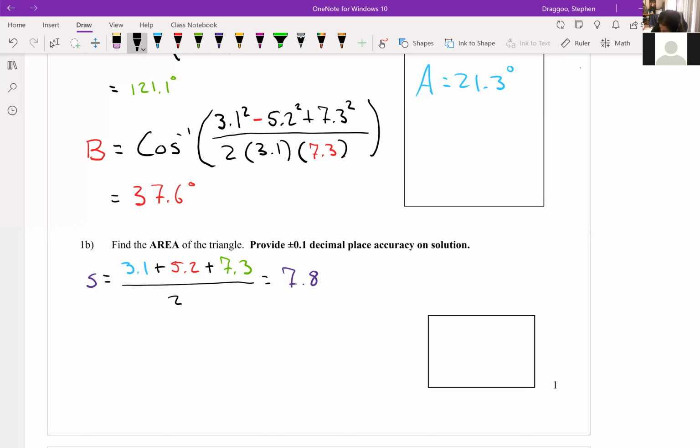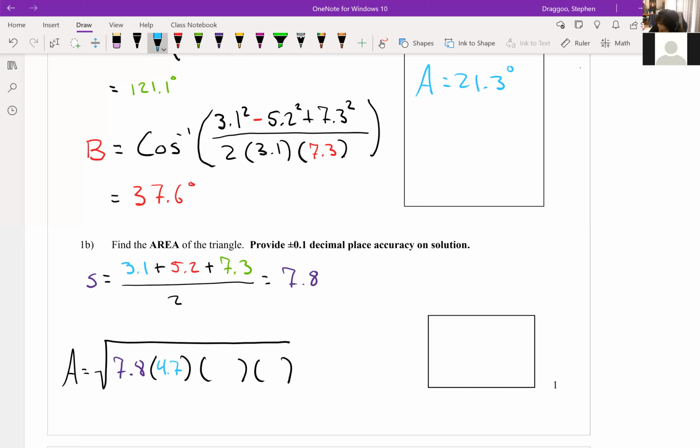Then the area should be the square root of 7.8 times the difference between 7.8 and every other side. If I subtract 3.1, I get 4.7. If I subtract 5.2, I get 2.6.